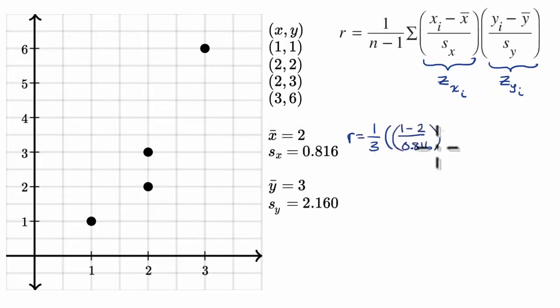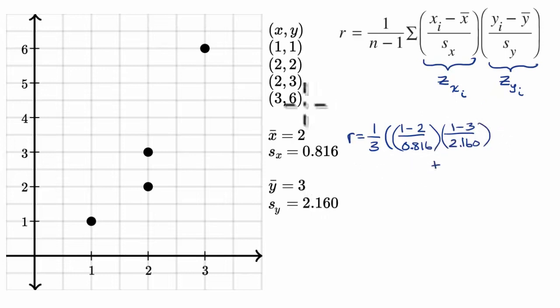That times, now we're looking at the y variable, the y z-score, so it's 1 minus 3 over the y sample standard deviation, 2.160. And we're just going to keep doing that.